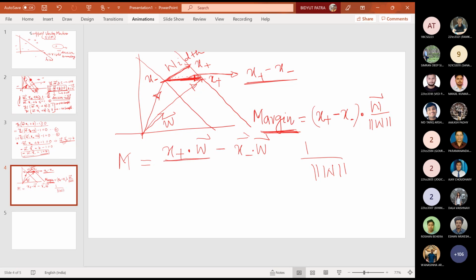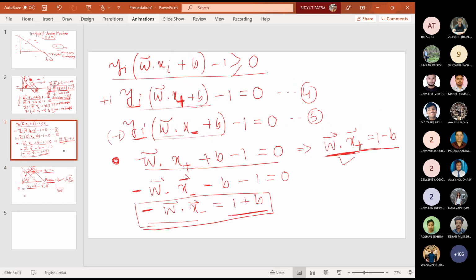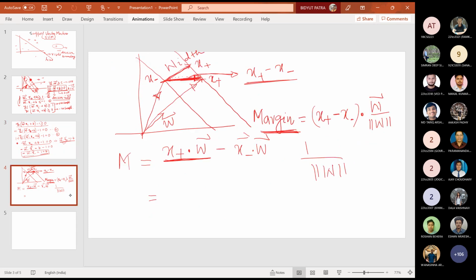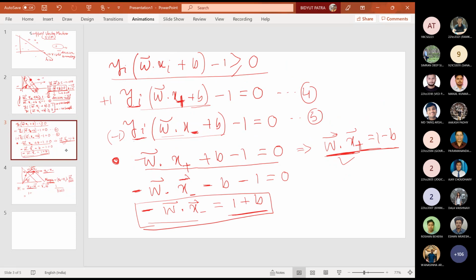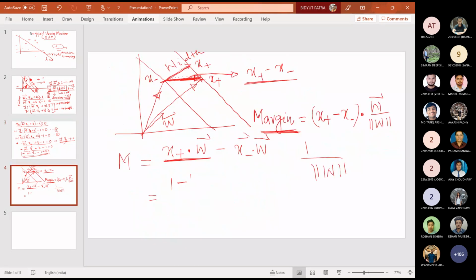Now just a few minutes before we computed this value, what was the value here? That is w dot x equal to 1 minus b. It is the same thing because it is a dot product. Order of vector won't be any problem. So therefore this will be 1 minus b.